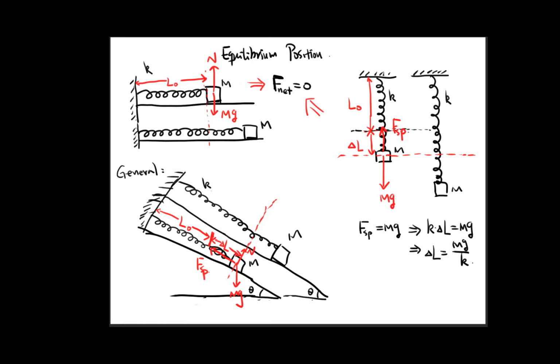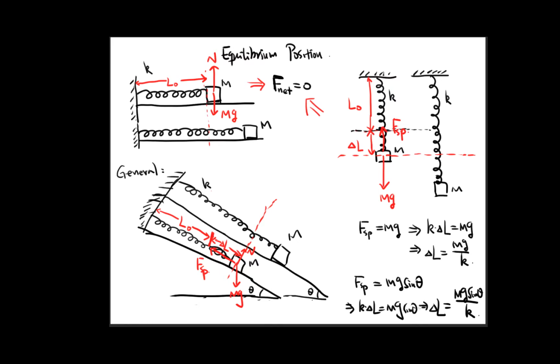Okay, now along the slope direction, F spring is going to be equal to mg sine theta, right? Theta is the slope angle. So that will give us the solution that delta L equals mg sine theta over k.